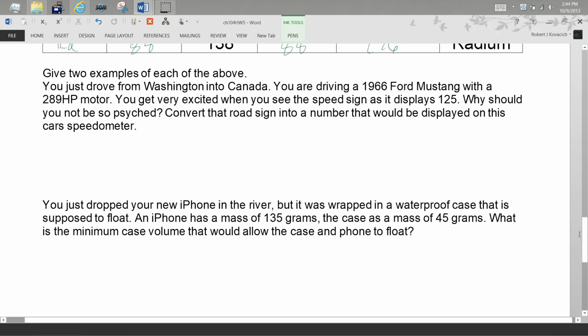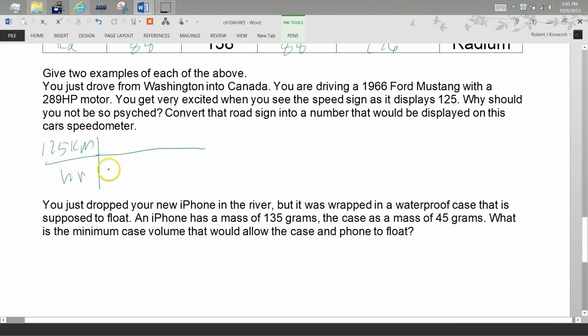Alright, so you're driving your fast Mustang and you hit Canada and the speed limit says 125. Why should you not be so excited? Miles to kilometers. Yeah, they're talking about kilometers up there. So this is 125 kilometers per hour, not 125 miles per hour.